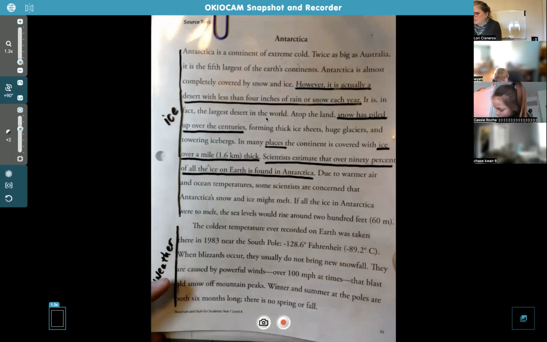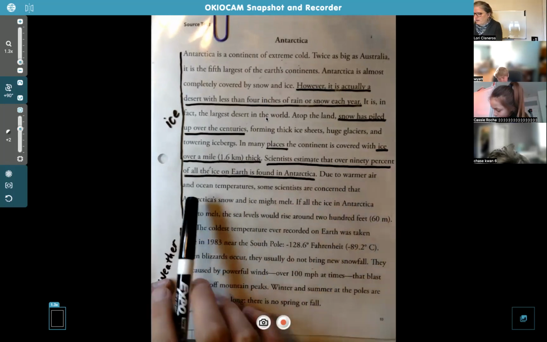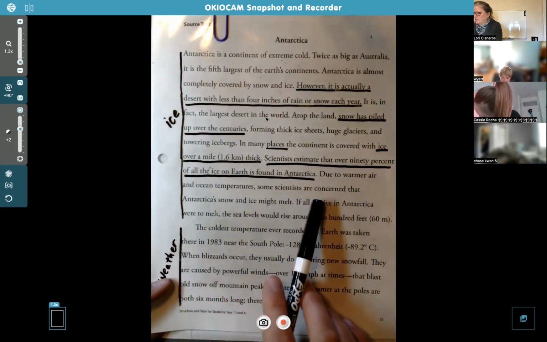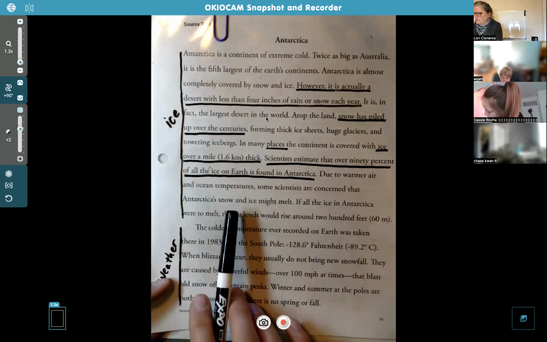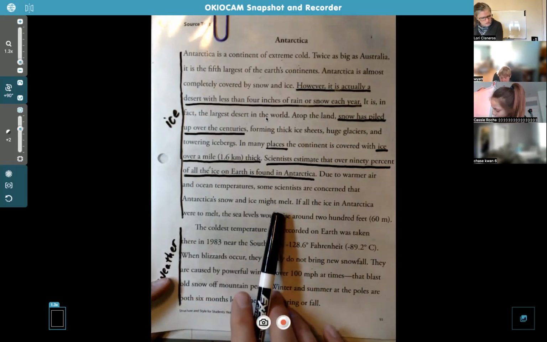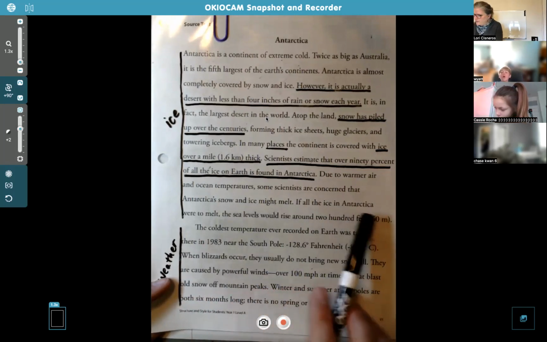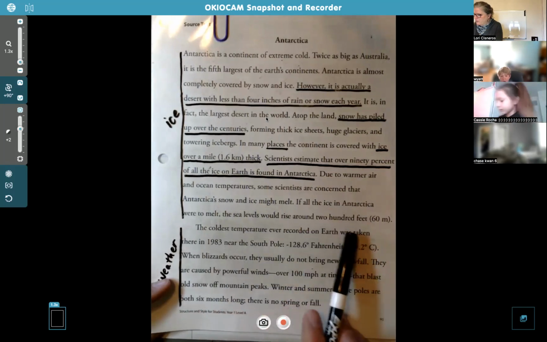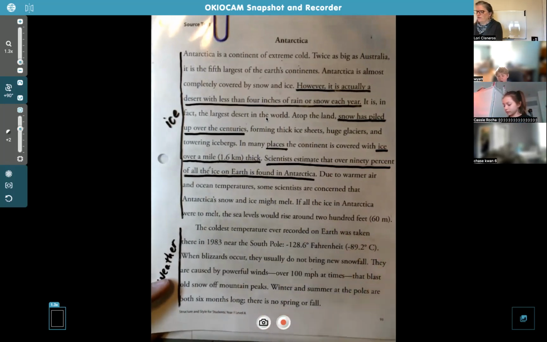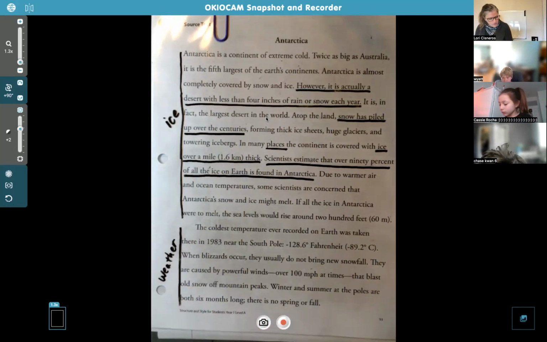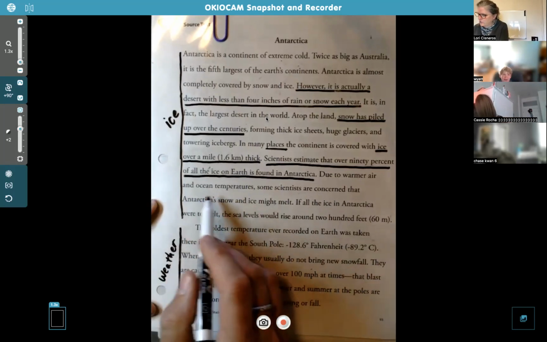The last fact, now we're down to number 5 here. Due to warmer air and ocean temperatures, some scientists are concerned that Antarctica's snow and ice might melt. If all of Antarctica were to melt, the sea levels would rise to around 200 feet. Okay, so I think we're talking about warmer air and ocean temperatures.